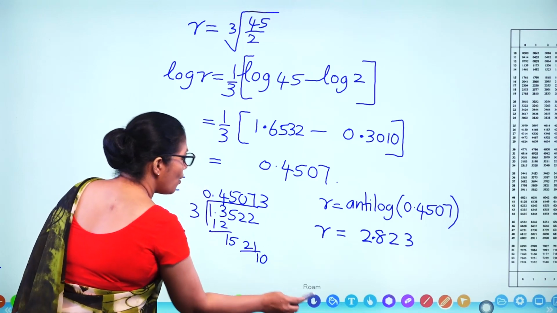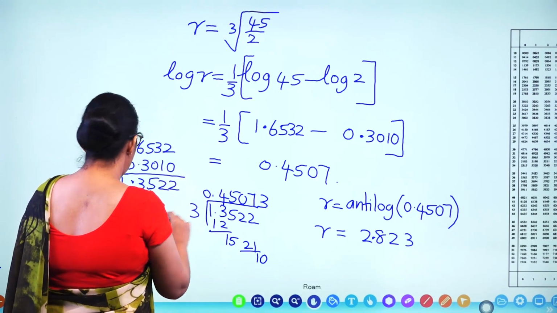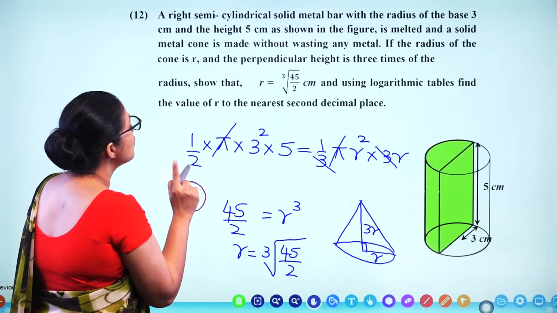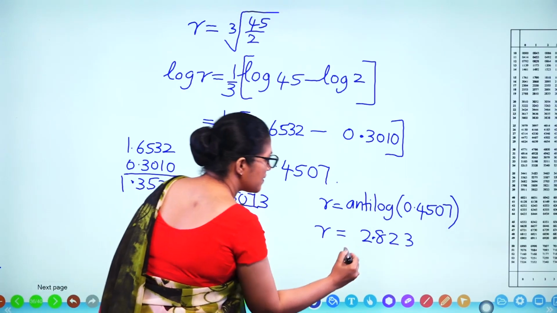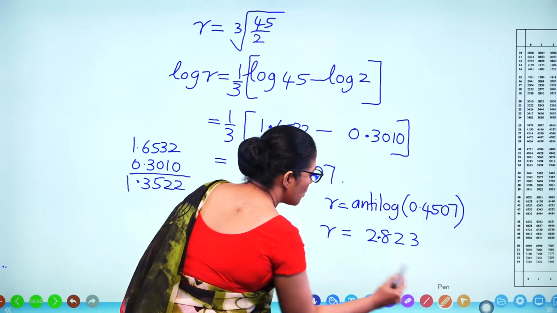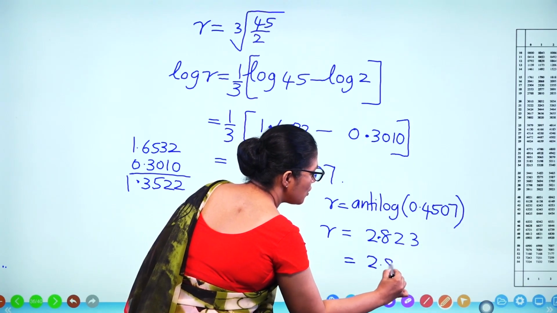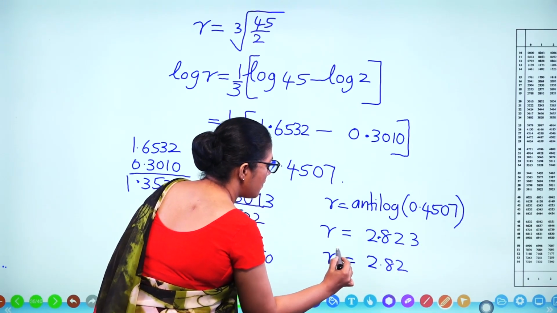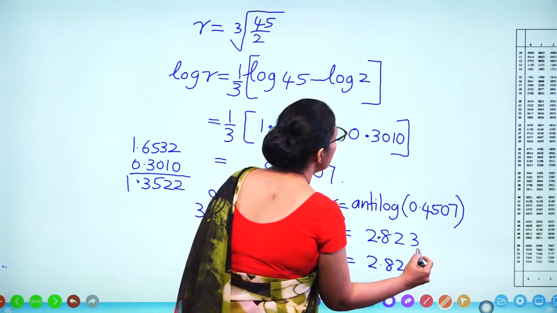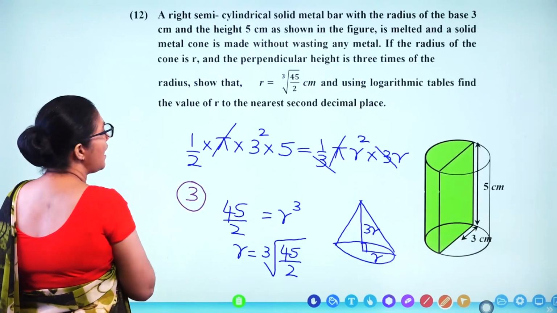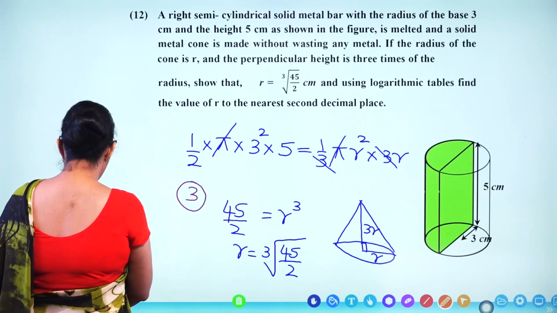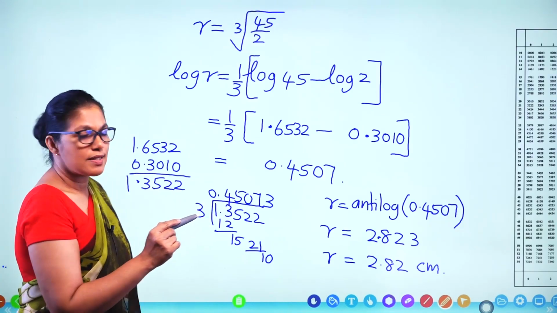Now, what's the question? It says to the nearest second decimal place. Second decimal place, that's 2.82. That's the radius of the cone. This is in centimeters. Check that: all these are in centimeters.